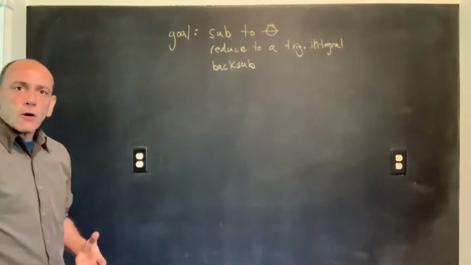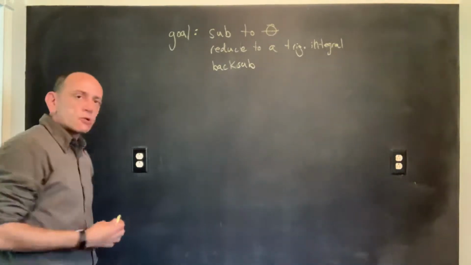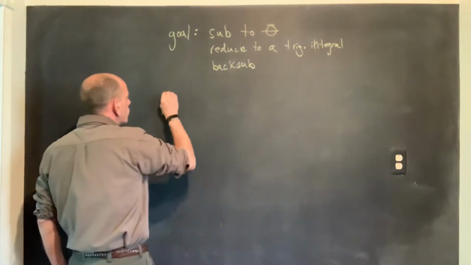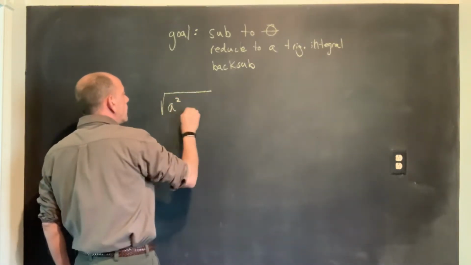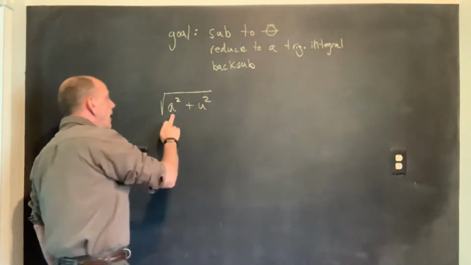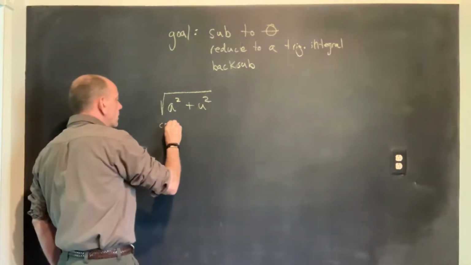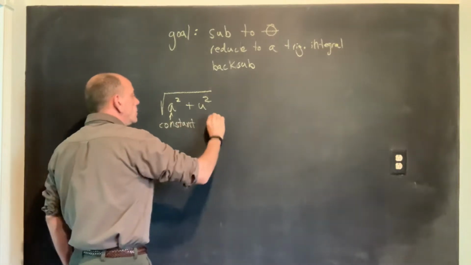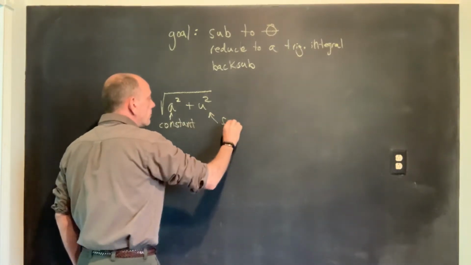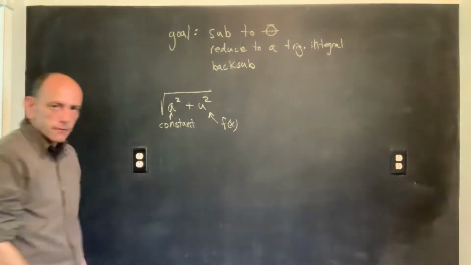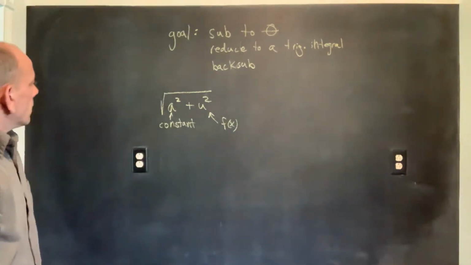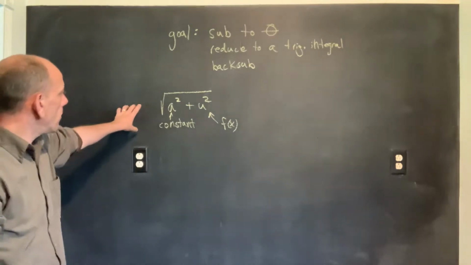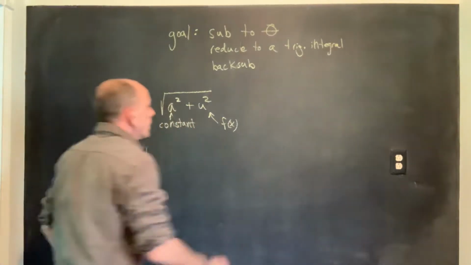What it's for is for dealing with certain structures of integrals. So integrals that involve root a squared plus u squared, where a is a constant, and u is a continuous function, some f of x or f of y or whatever. So this is one of the structures that trigonometric substitution is used for, sum of two squares.